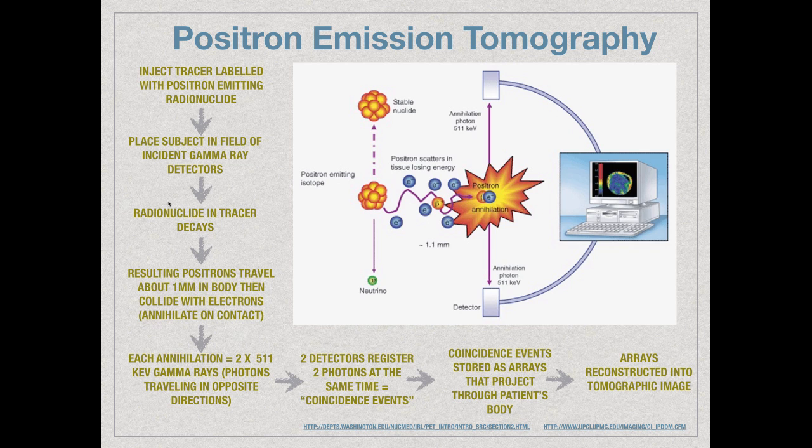Each annihilation will equal two 511 kiloelectron volt gamma rays. The photons, again, are traveling in opposite directions. The two detectors register two photons at the same time. That's the coincident event. Coincident events are stored as arrays that project through the patient's body, and then the arrays can be reconstructed into a tomographic image.